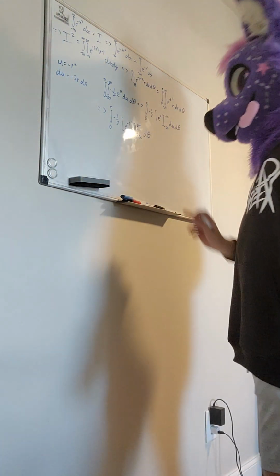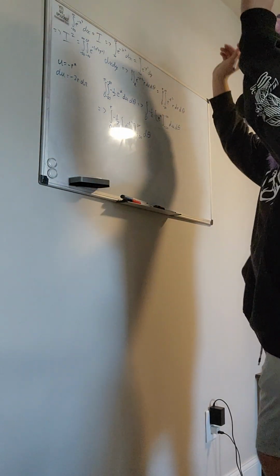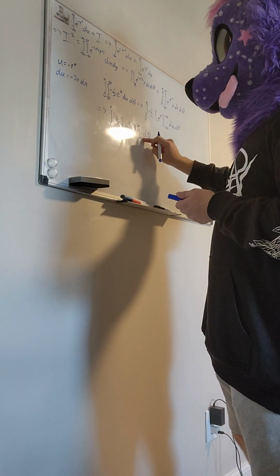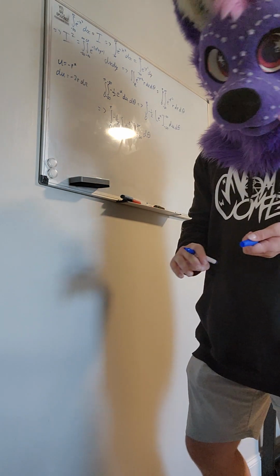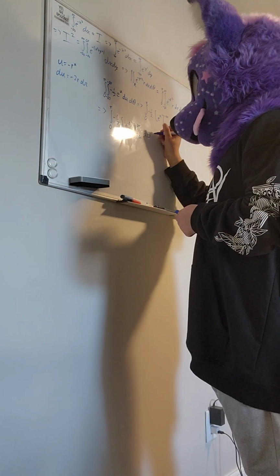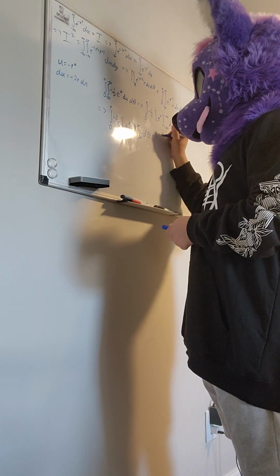Which still doesn't work, because infinity and negative infinity both go squared to infinity, so this whole thing breaks again. So instead we're going to recognize that because they're squared, it's the same as just going from 0 to infinity. So we're going to split it in half, which requires multiplying by 2.